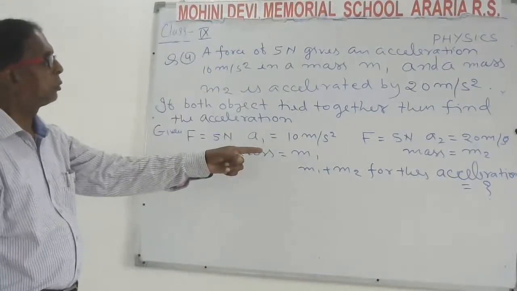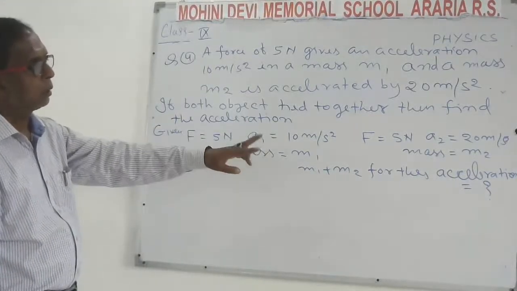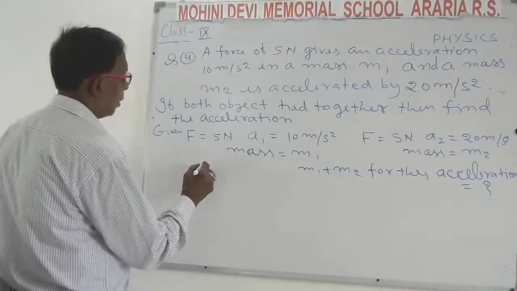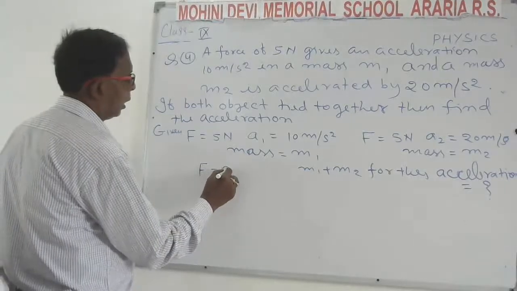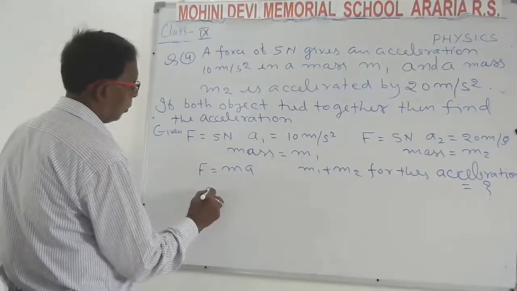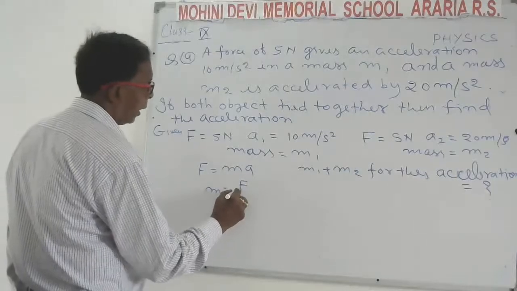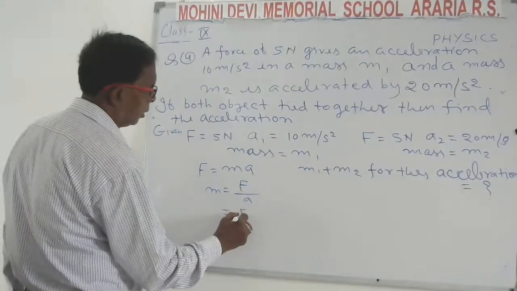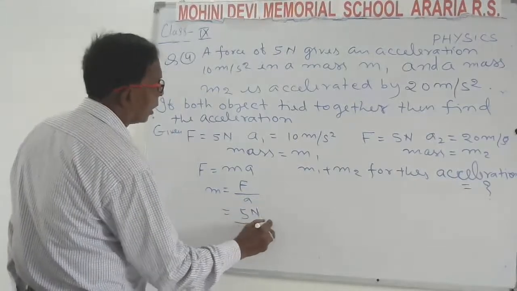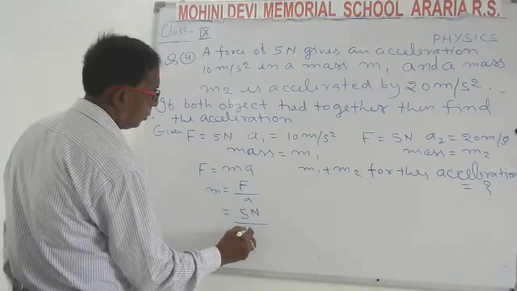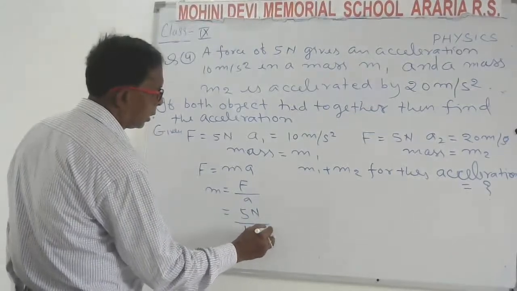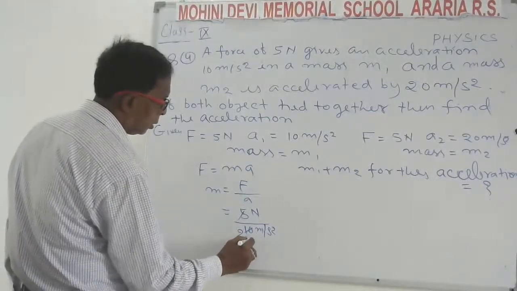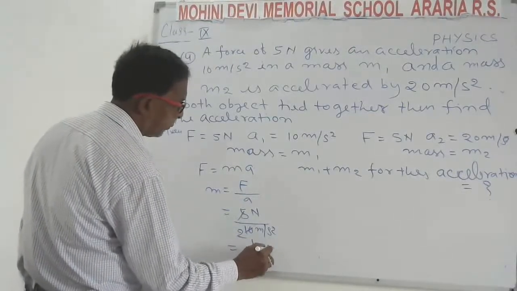At first we have to calculate the mass, because the mass is unknown. This is found from the formula F is equal to m into A. Therefore, m is equal to F by A. The force is 5 Newton, and the acceleration produced is 10 meters per second square, 5 over 10, and therefore the answer is half kg.